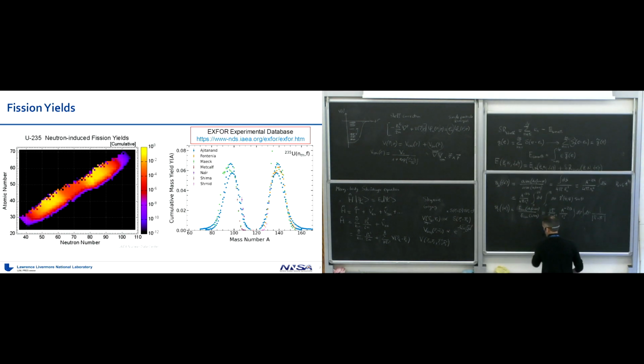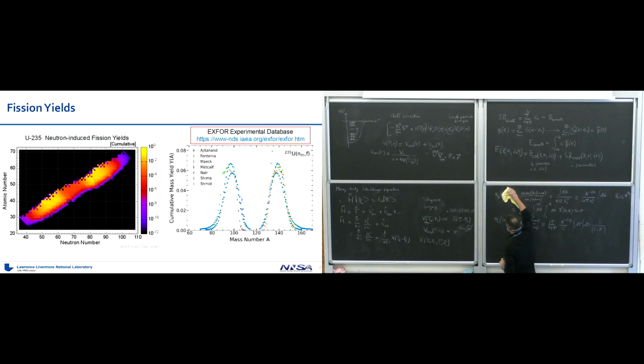A few more things about those potentials, some of the necessary features that they should have, whether this is Skyrme or Gogny or something else. You always need some of these generic features. So whether your Skyrme or Gogny, your two-body force is going to contain a central part.